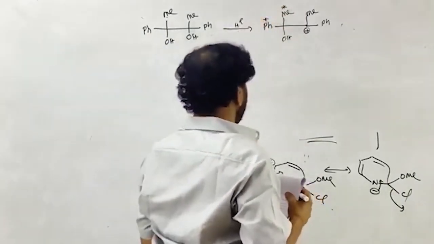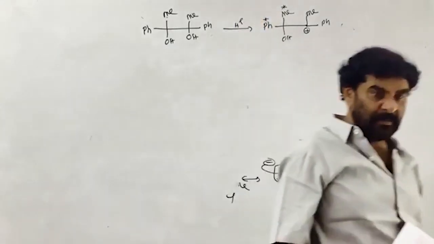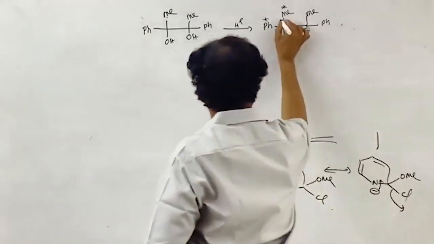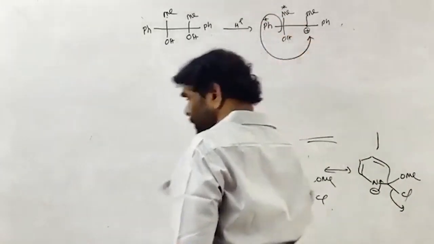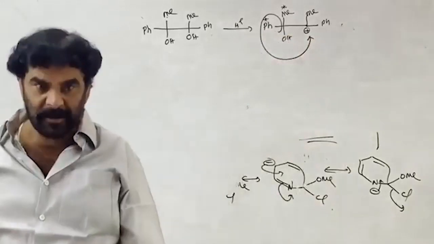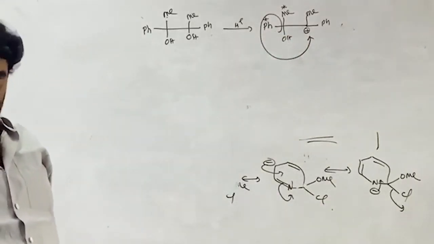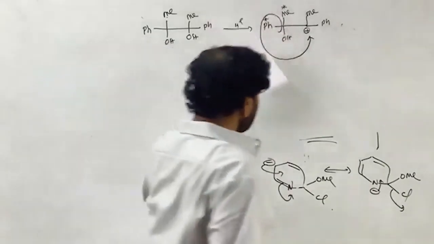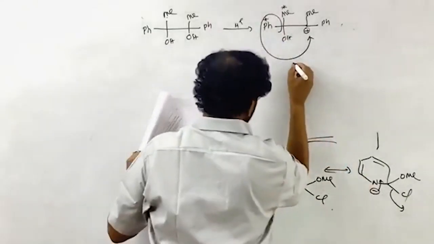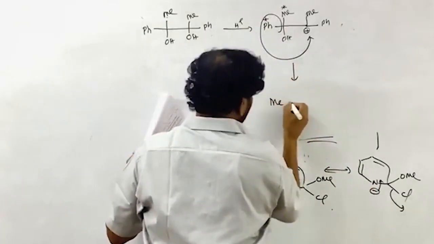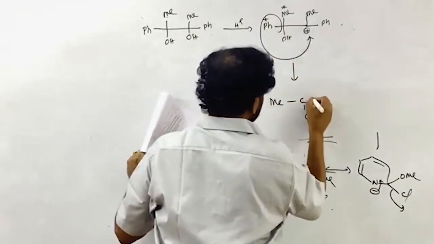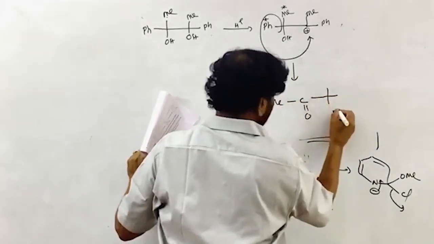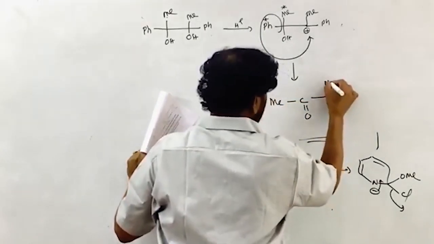Which group has to migrate? The one which has greater migrating aptitude. Aryl groups have greater migrating aptitude: aryl with plus M groups, then aryl with minus M groups, then alkyl groups. This is the migratory aptitude. I am directly writing the product, with Ph and methyl.